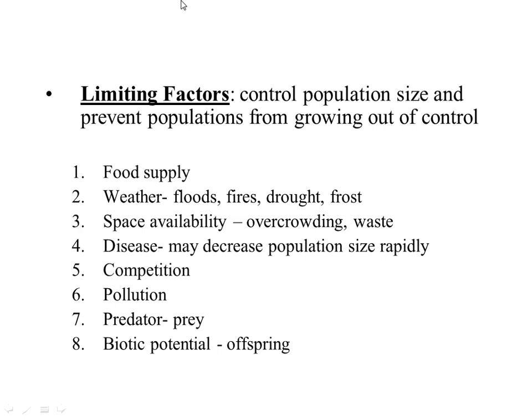Food supply. Is there enough food to feed all the organisms? Again, if we talk about the human population, some scientists believe we are right at the edge of too many humans to feed, and we're experiencing a food supply issue.